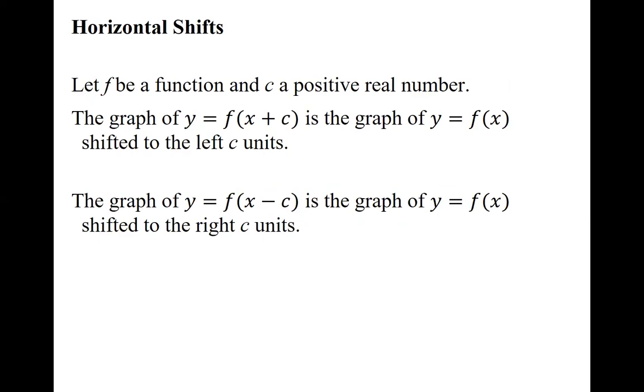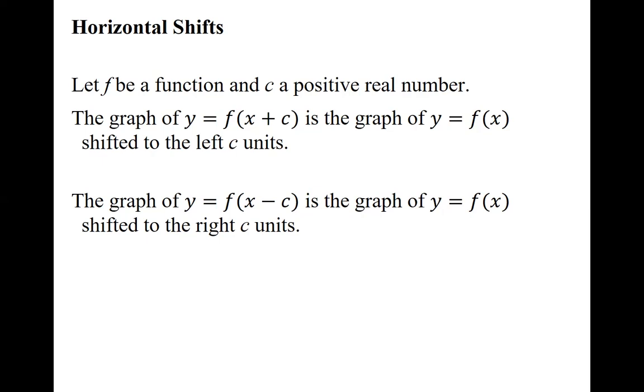Horizontal shifts. Let f be a function and c a positive real number. Then f of x plus c is a left shift. F of x minus c is a right shift. So this is actually the opposite of what you'd expect most likely, because plus c makes you think positive, makes you think go to the right.